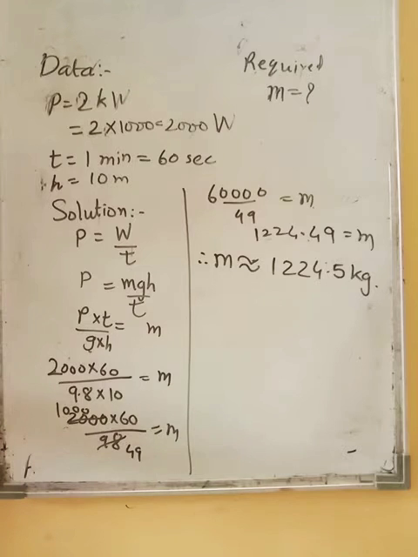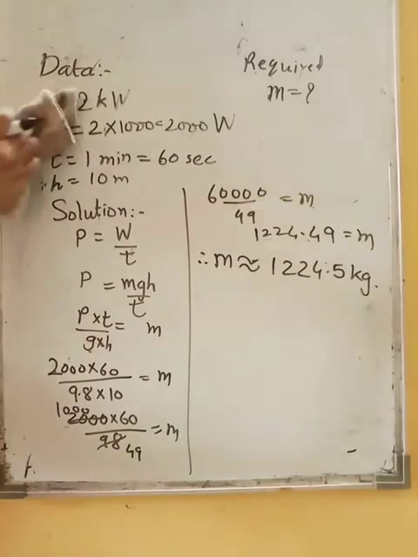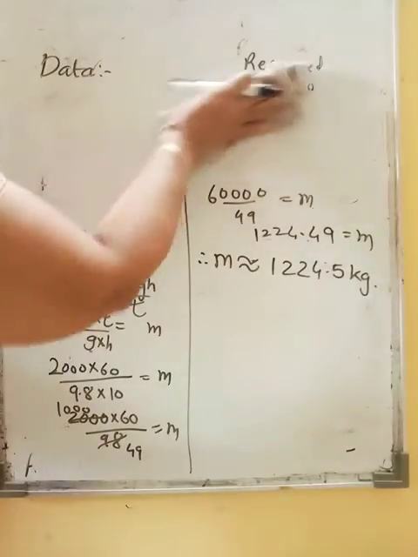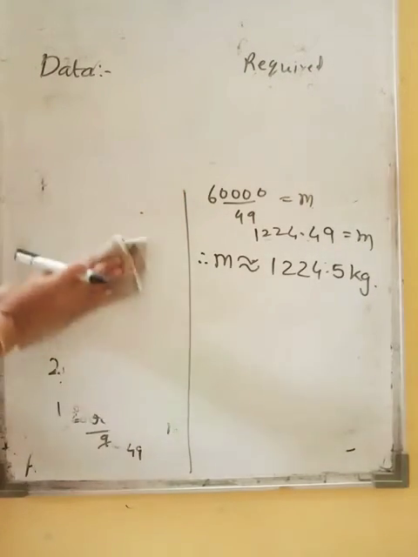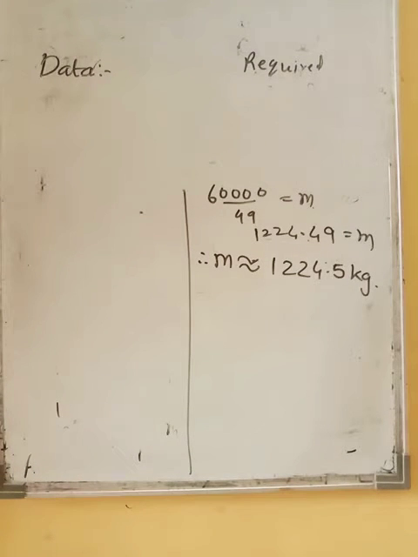Write this quickly first. Second sum we have: if a 1200 watts electric iron is used daily for 30 minutes.